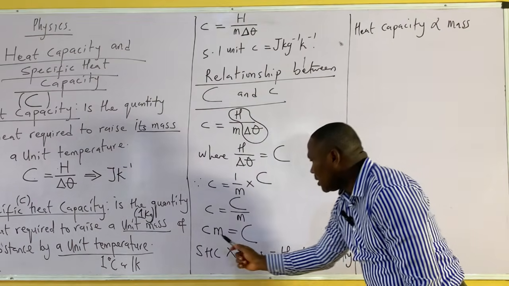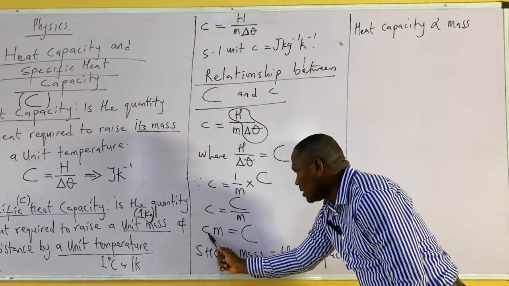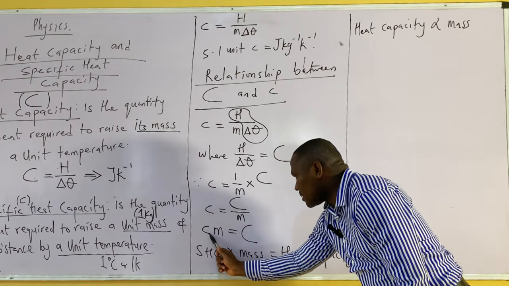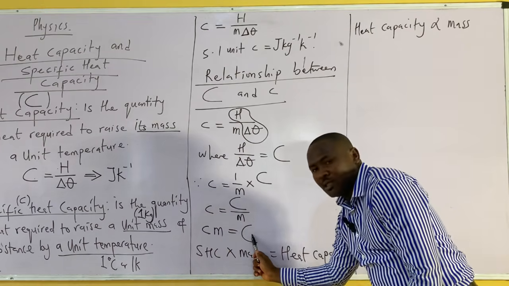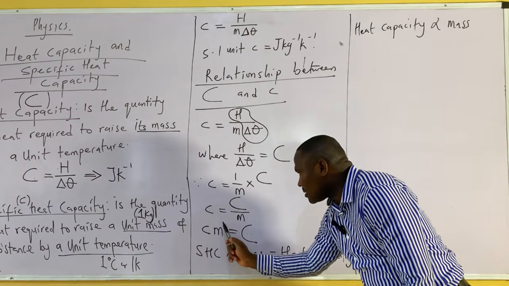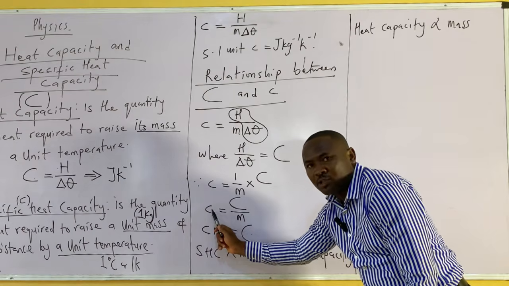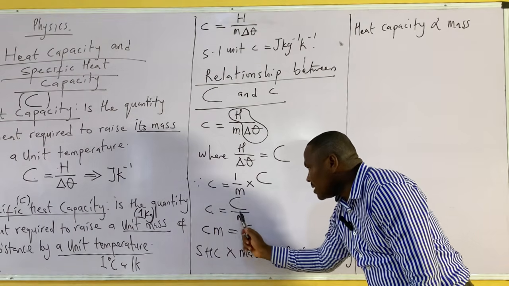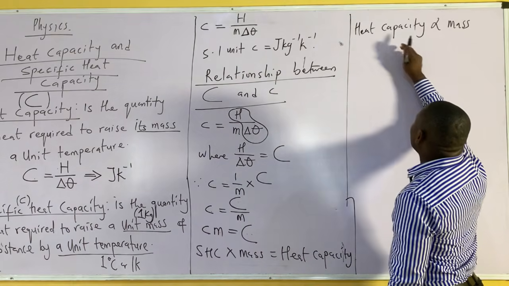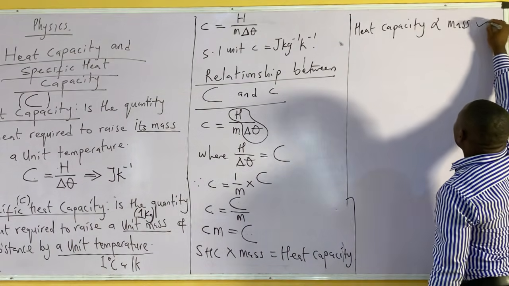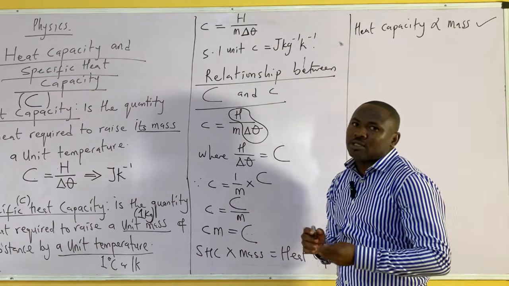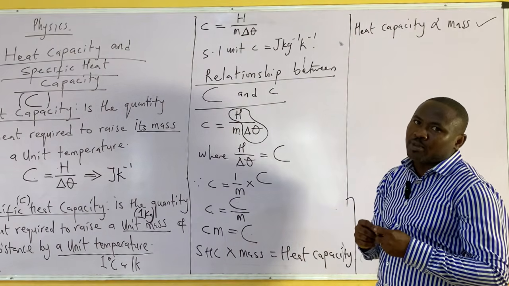Look at it here. Small letter c is our specific heat capacity, and big letter C is our heat capacity. So big C is proportional to mass, while small letter c, which is my specific heat capacity, is inversely related to mass. So it means that heat capacity is mass dependent, but specific heat capacity is not mass dependent.